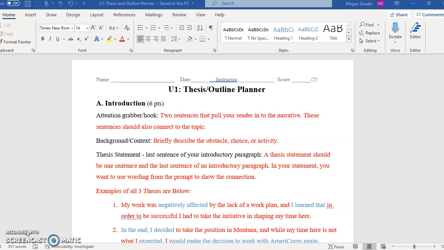But before we go into that, there's a few things I want to let you know. One, I expect full sentences. Two, I expect correct grammar. And three, while I know a planner should show the direction you're going in the essay, I do not want paragraphs.